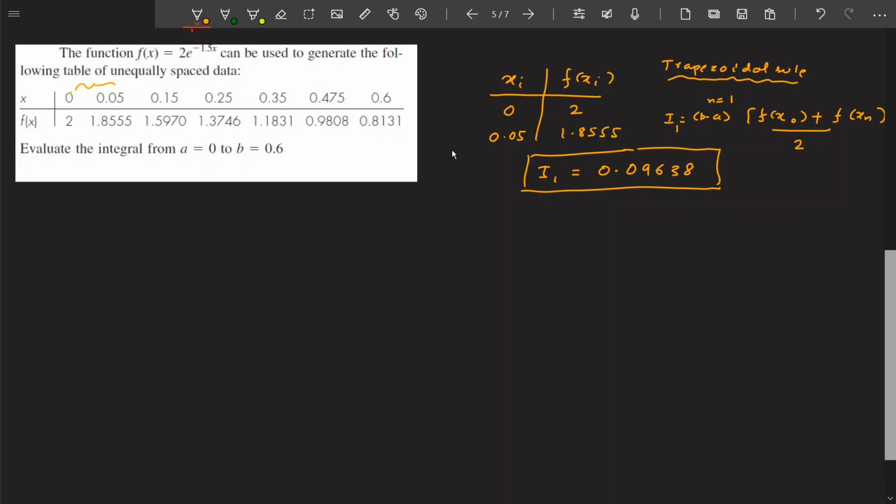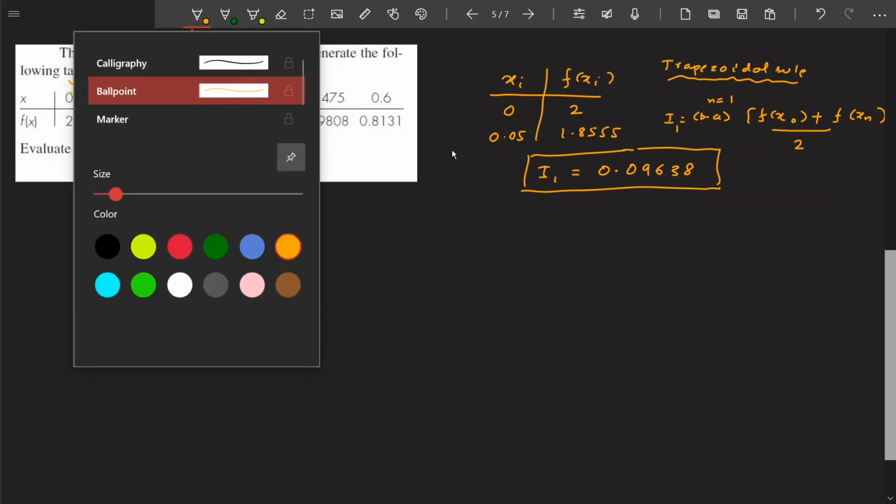So we are done with this segment. Let us solve for this segment. Here we have used the trapezoidal rule. Here we are going to use the three-eighths rule, because it's an odd number of segments: 1, 2, 3.